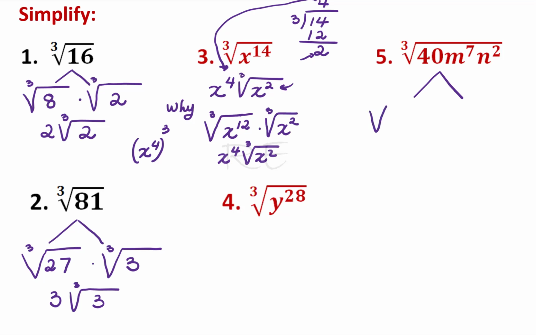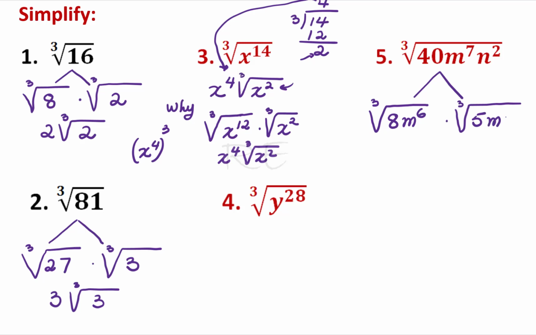Cube root of 40m to the 7th n squared. 40, the perfect cube that's a factor of 40, is 8, and we're left with 5. M to the 6th is a perfect cube.